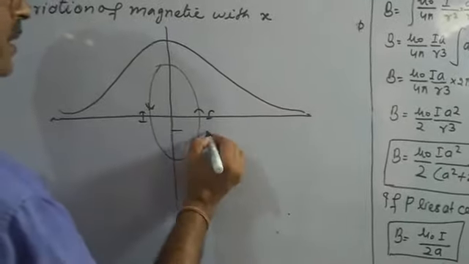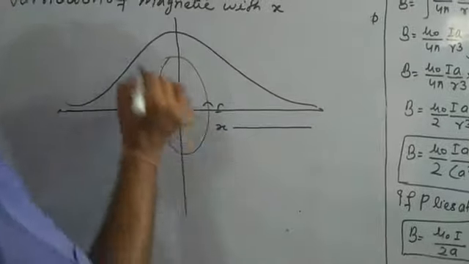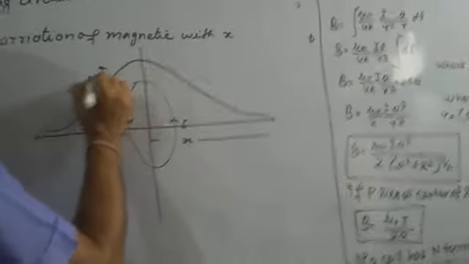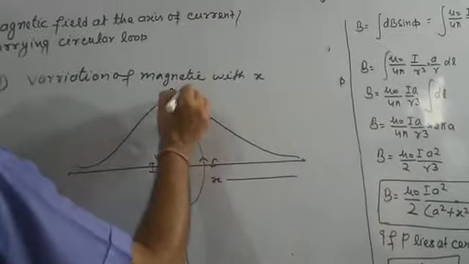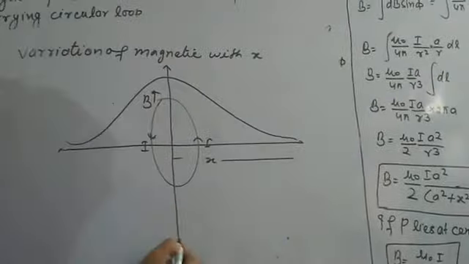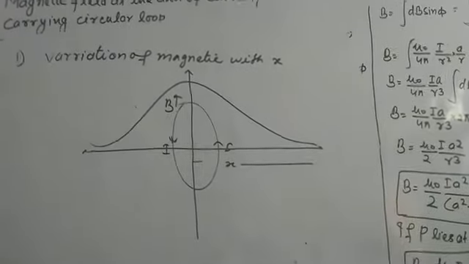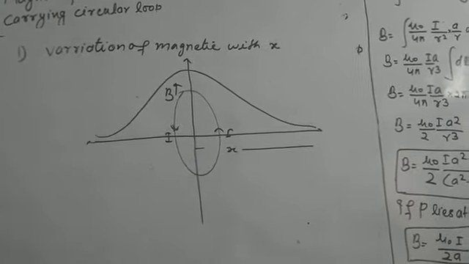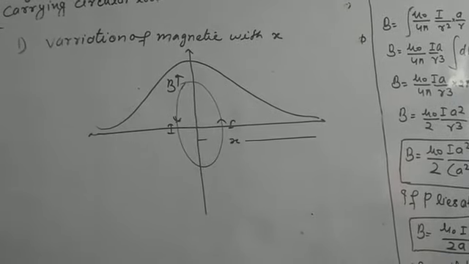This is the variation of magnetic field along the x axis. Now all of you complete this and write it down in your copy. Now come to the next heading.